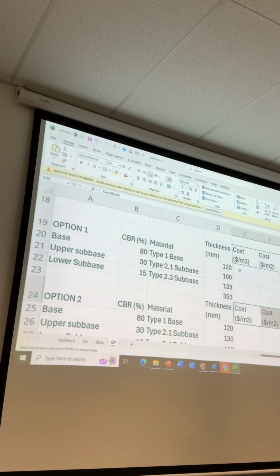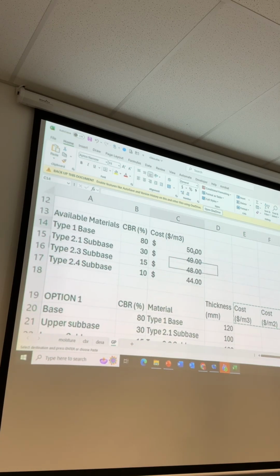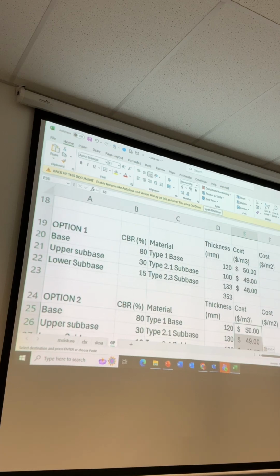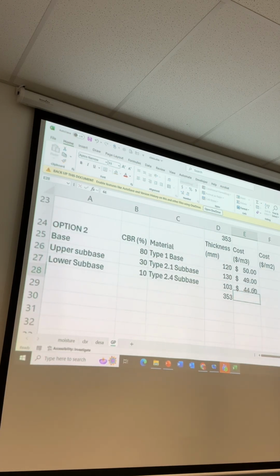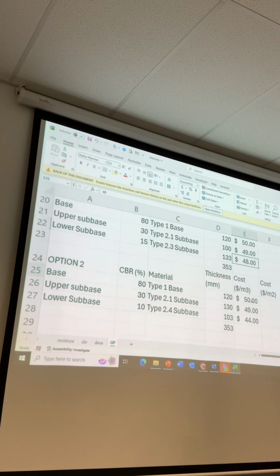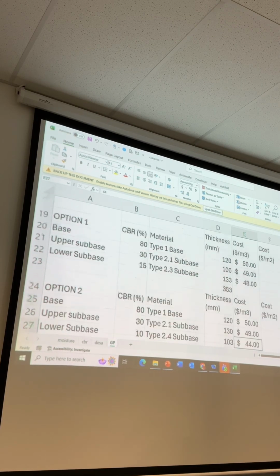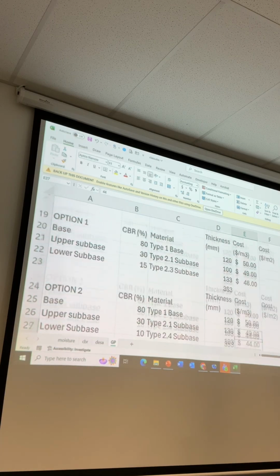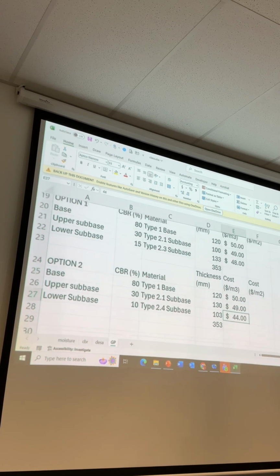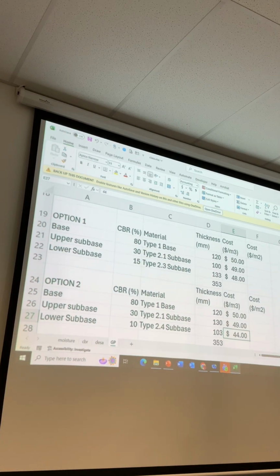So if I know this cost, these ones are 50, 49, and 48. And the second one is 50, 49, and 44. How much will be the cost per square meter?